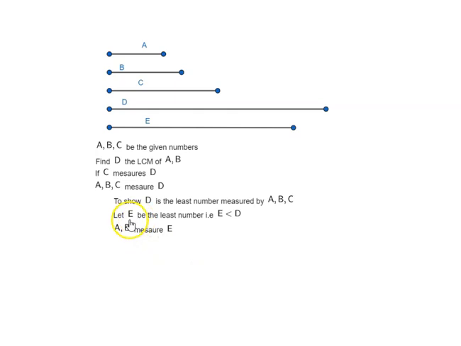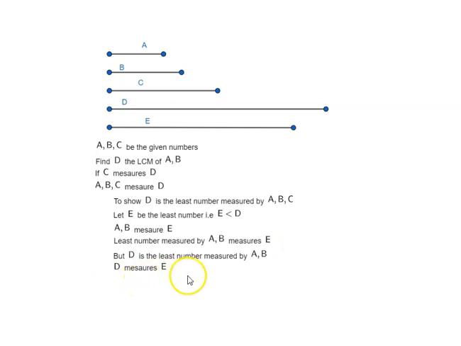Because we assume that E is the least number measured by A, B, C. So naturally it would be measured by A and B. Which means the least number measured by A and B also measures E. This is again one of the previous propositions. But D is the least number measured by A and B. So since the least number measured by A and B measures E, that means D also measures E.